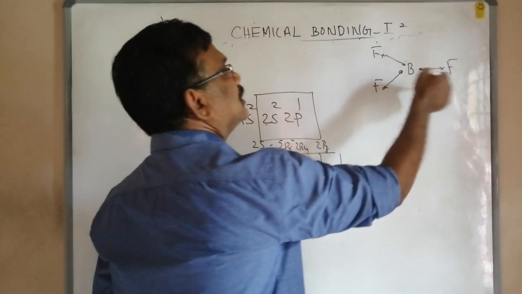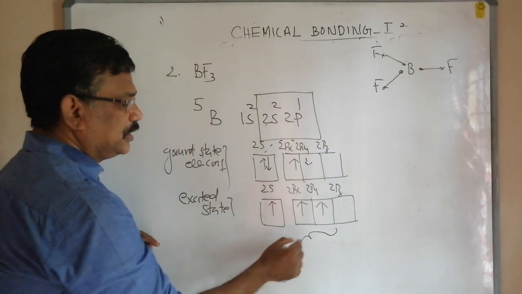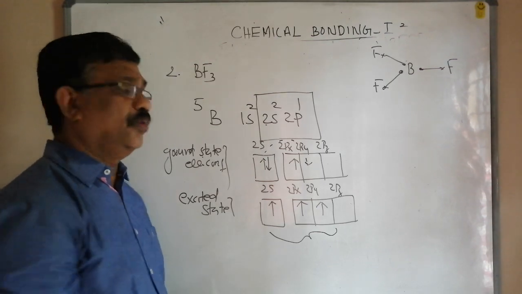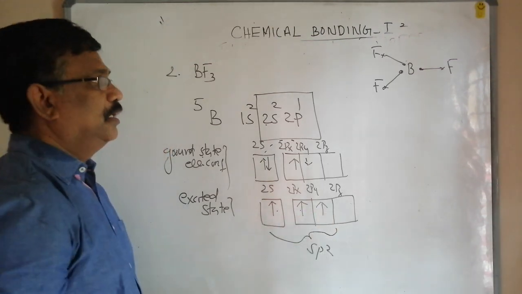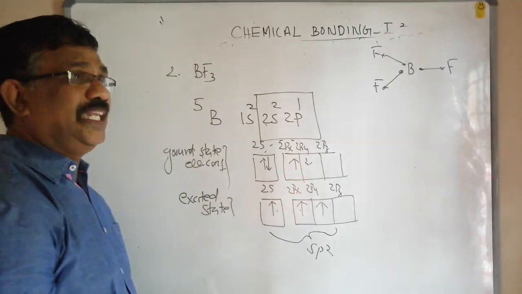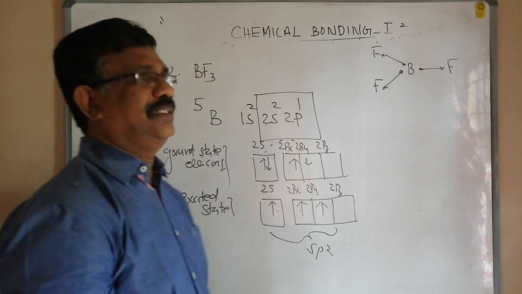We want all these orbitals to be identical. That hybridization is called sp2 hybridization, involving 1s and 2p orbitals. Earlier we discussed sp3 hybridization. Here it is sp2, with 3 orbitals.